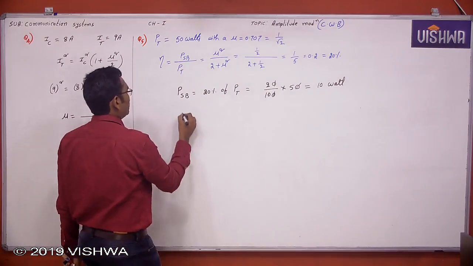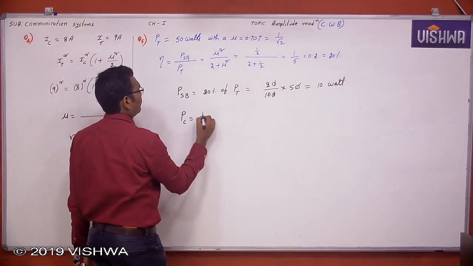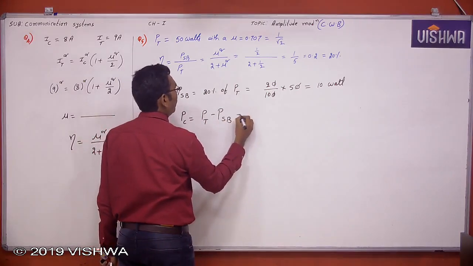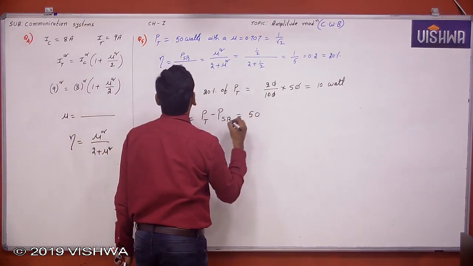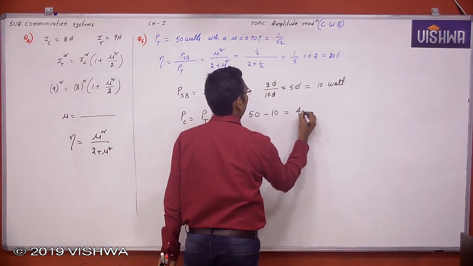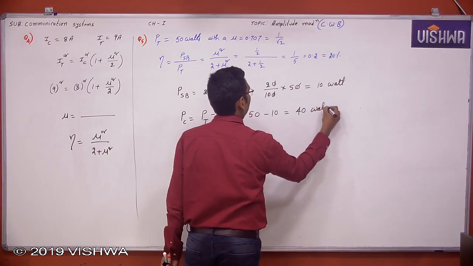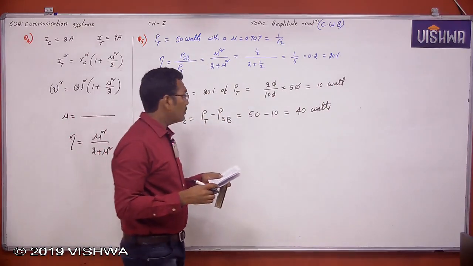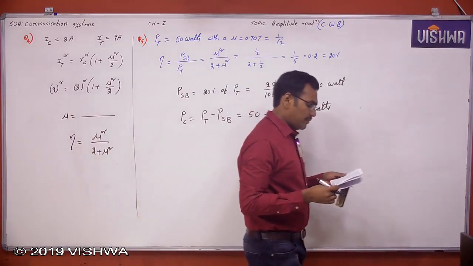Now, what is the carrier power? The carrier power is equal to total power minus sideband power. The total power is already identified, 50. The sideband power is 10. Therefore, the carrier power is 40 watts. Right? Now this gives the total power, carrier power and sideband power.